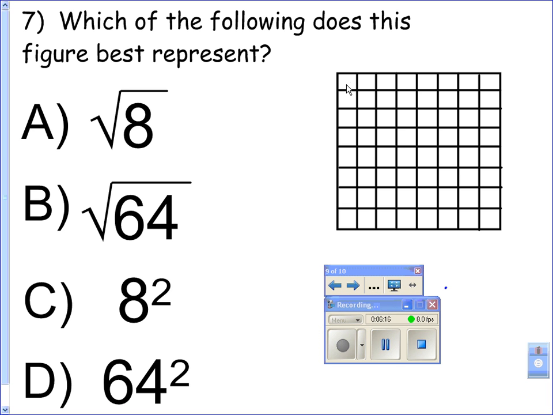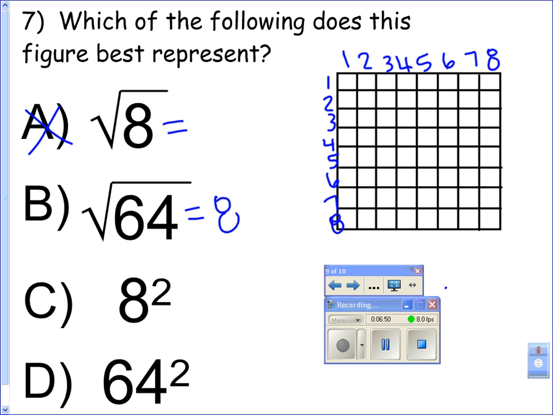Okay, so how many individual squares are in this picture? There's 1, 2, 3, 4, 5, 6, 7, 8 rows and 1, 2, 3, 4, 5, 6, 7, 8 columns. 8 times 8 is 64, okay? So we would solve these to figure out which one equals 64. The square root of 8 is not a perfect square, so A is out. B, what number times itself equals 64?